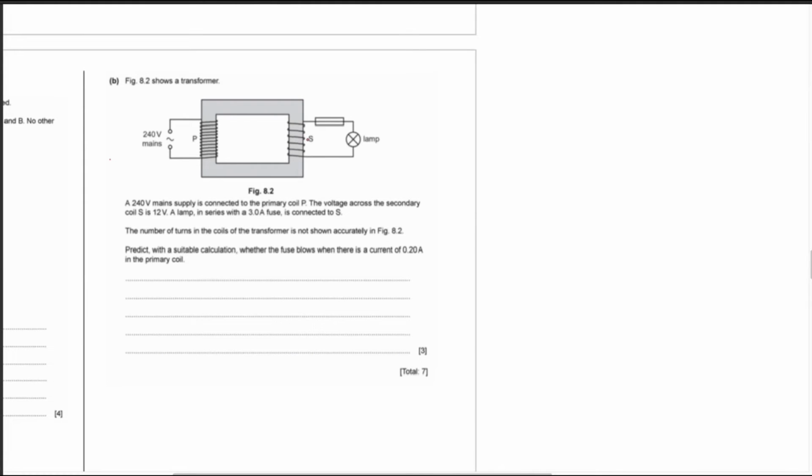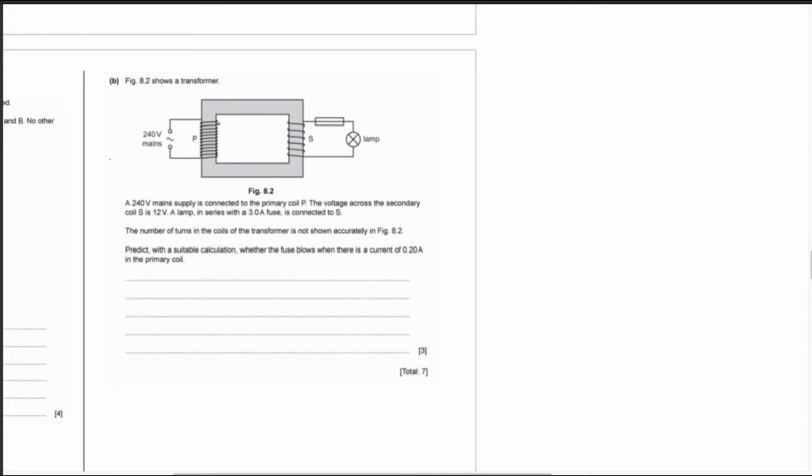That is reasonable because 240 volt is the voltage from our house socket, but our lamp can't take the high voltage of 240 volts, so we need to step down to make the voltage smaller. The 240 volt mains supply is connected to the primary coil P. The voltage across the secondary coil S is 12 volt.